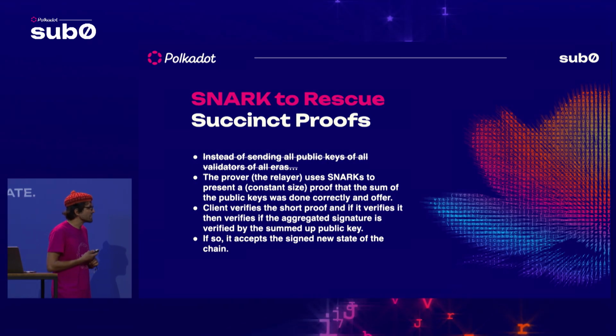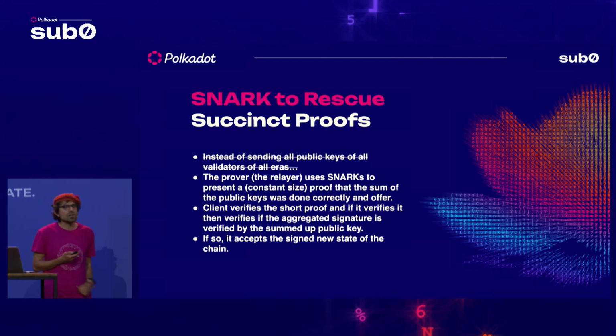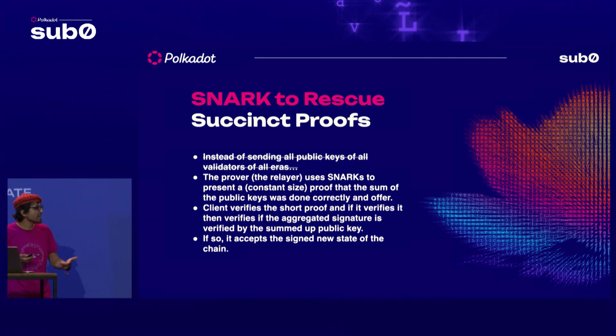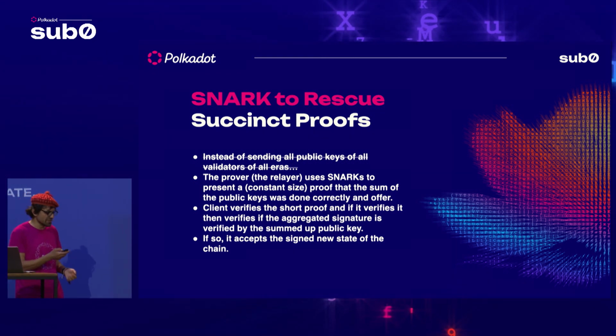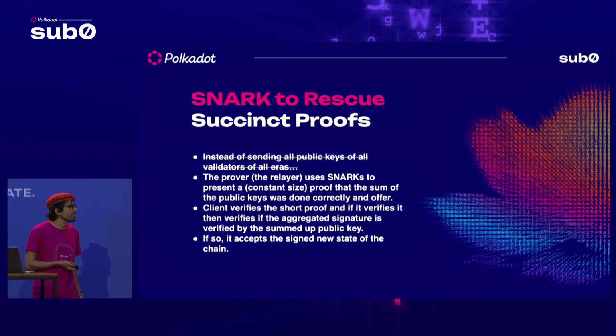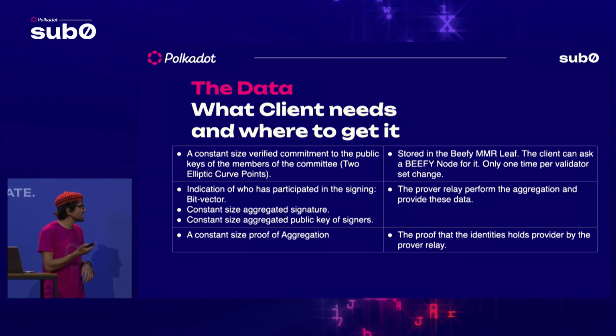As a result, you have this aggregated signature and aggregated public key, and also now you have this short SNARK proof that basically says you didn't cheat in this process. And the light client will accept if the SNARK proof passes, and if the public key basically passes the verification of the signature. And then basically you are done. You got the state. You don't need to go back and forth, random sampling and stuff.